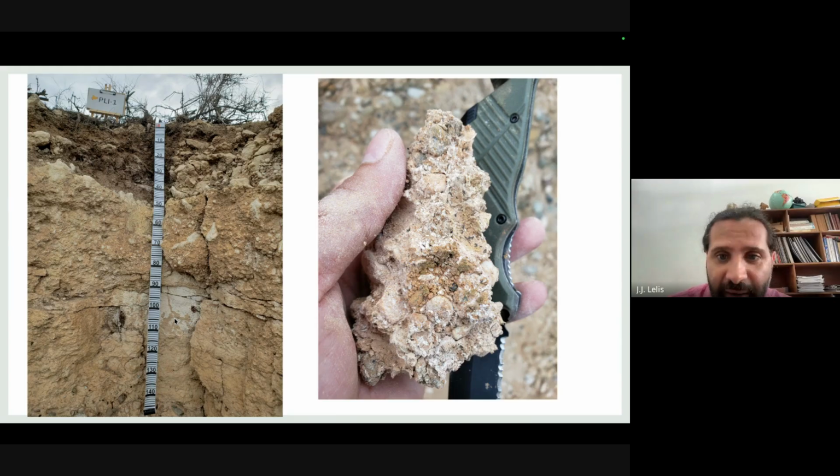It's amazing, guys. I took a piece of this horizon, and you can see in my hand that we have some soil, like here, and some pebbles, some sand grains, some coarse grains like gravels, but everything is filled, coated and cemented by calcium carbonate.